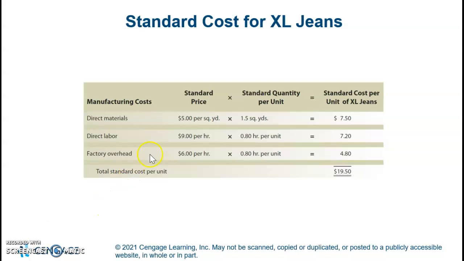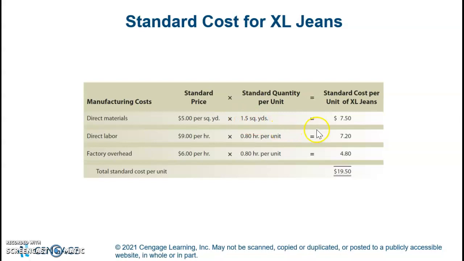In this example, for the manufacturing of blue jeans, we've got direct materials, and the standard price is $5 per square yard, and it typically takes, that's the standard quantity of 1.5 square yards.